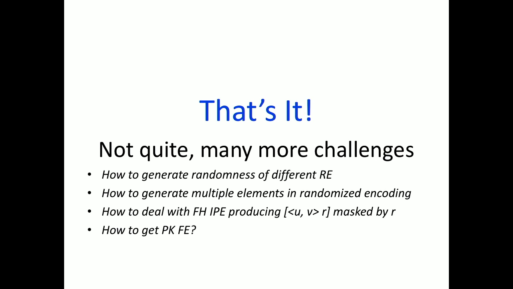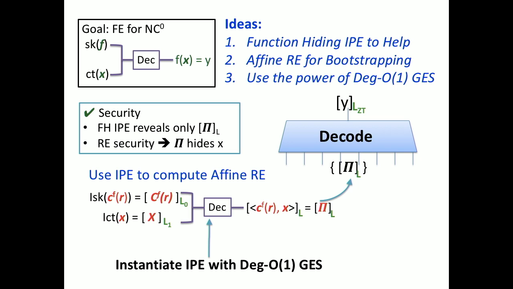And in fact, the non-function-hiding IPEs do not really produce an encoding of the inner product as we described, which was very handy for us because I can just get the randomized encoding and continue to compute.